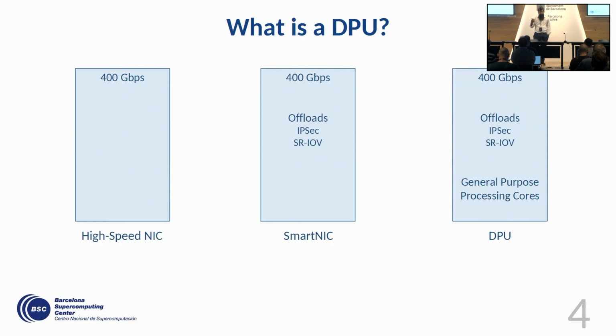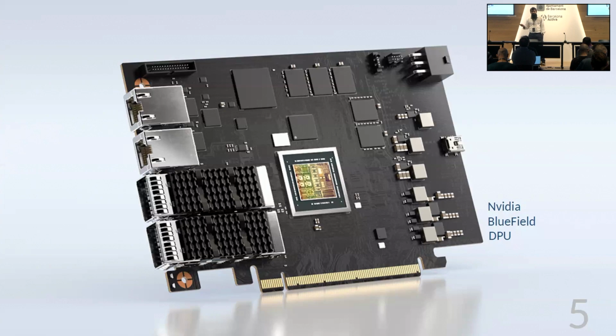What makes it a DPU is general-purpose, somewhat high-performance cores, where users can deploy their own code and offload it on a DPU, just like we do on the GPU. Not with that level of performance, but to some extent, yeah. One example of this is BlueField.